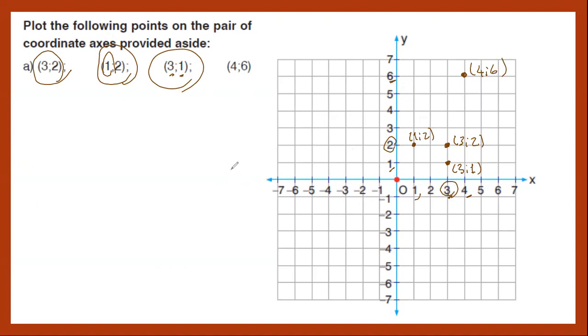Do you have any problem in this question? Anything wrong, anything that you want to tell me about this? Okay, perfect.